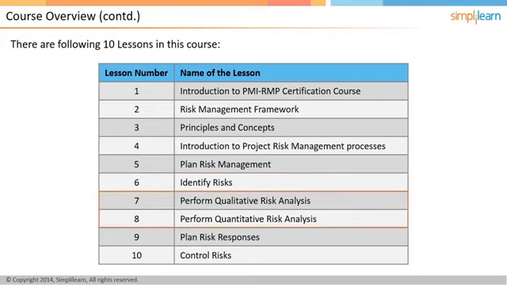You will perform qualitative and quantitative risk analysis in Lesson 7 and 8, respectively. Lesson 9 deals with plan risk responses, and the last lesson is on how to control risks. Once you are through with all these lessons, you can go ahead and take our online simulation tests. Let us start with some information related to PMI, RMP, and PMI in the next screen.